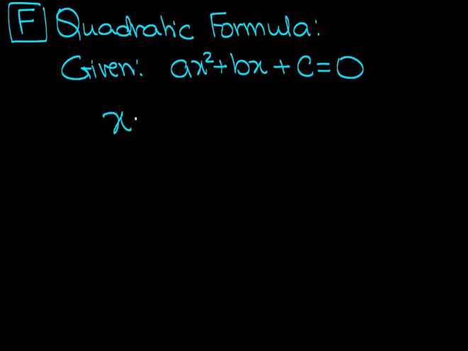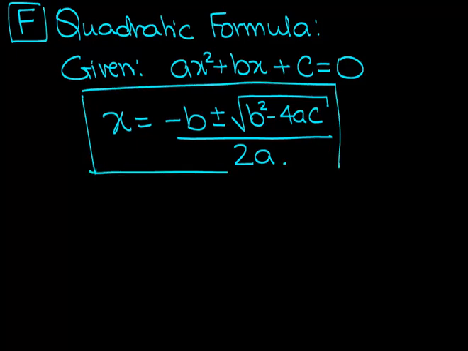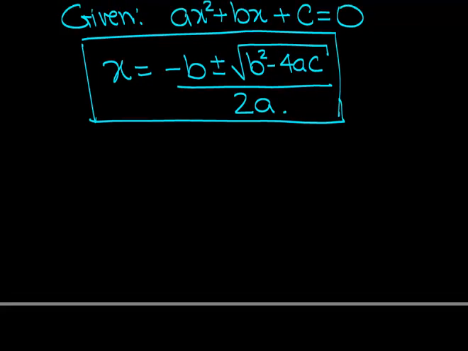My solution is x, what I'm solving for, is minus b plus or minus the square root of b squared minus 4ac, over 2a. There's your quadratic formula. It always works. It's something you should always know, just in case none of the other methods work. This will always work. Okay, the completing the squares also always works, but this was easier.